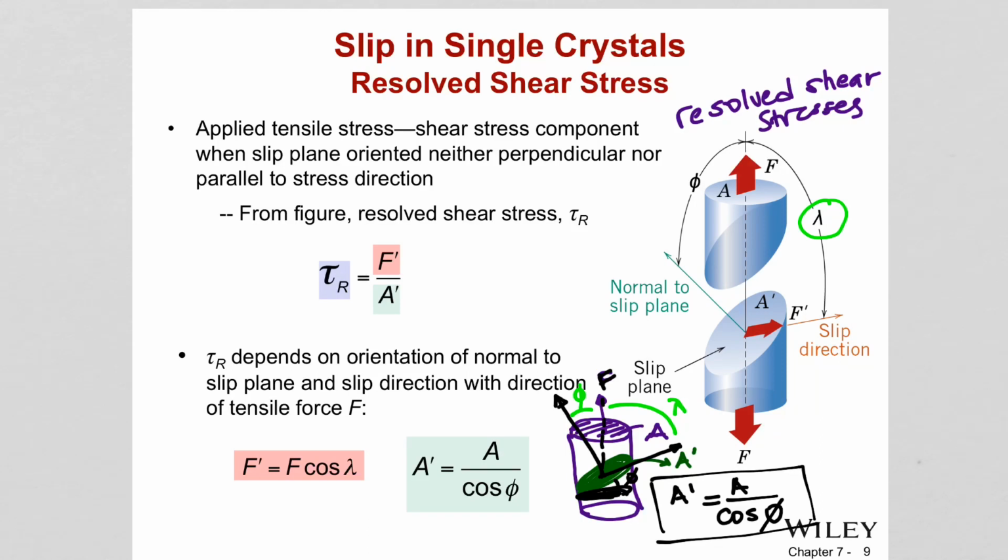What about the component of the force acting on that plane, parallel to that plane? That is force times cos lambda, right? This one. Okay, this is force times cos lambda.